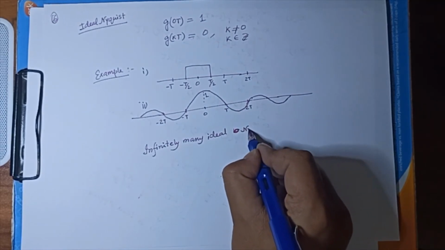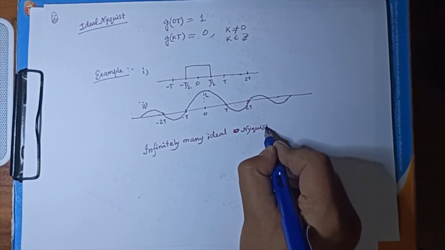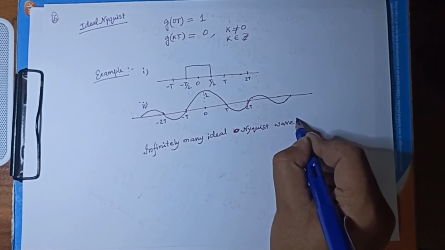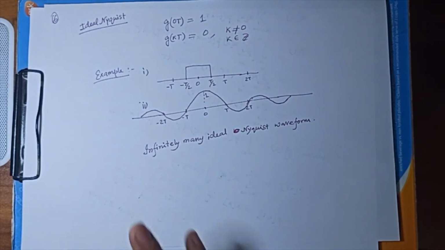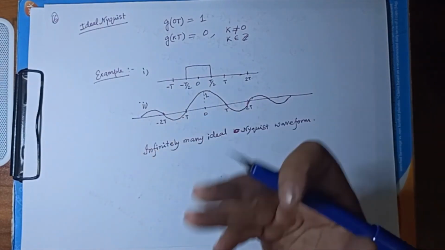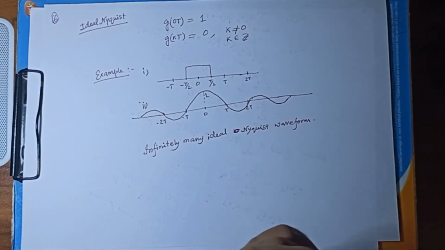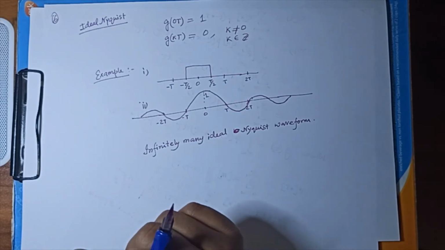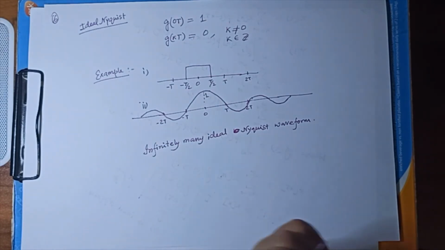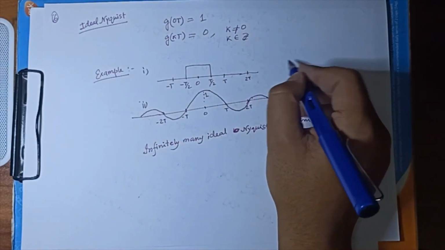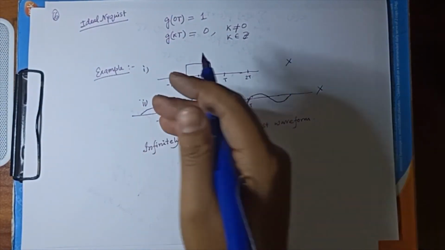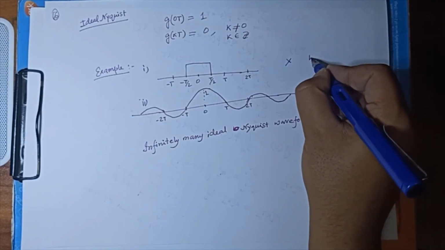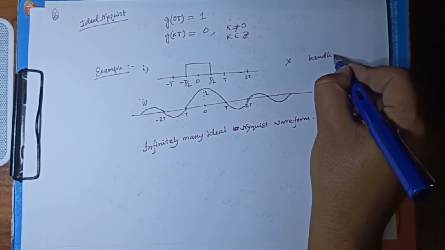Ideal Nyquist waveforms. But which one to choose, and what is the criterion of choice? How do we generalize the way of choosing the ideal Nyquist waveform? Is there any frequency domain structure? Let us see that. These two are not possible; we will not work with them. We are not happy with them. The problem with the rectangular pulse is that it is not band limited, and we want something which is band limited.